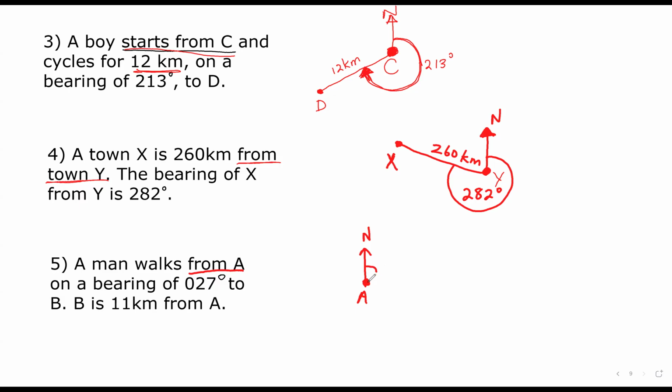So this will be where B is. That angle inside there is your bearing of 27 degrees. Your distance from A is 11 km. So that should be your diagram. Should probably draw it a little bigger, but you got the gist of it. Copy these down if you don't have them, please, or take a picture. I am going to send it afterwards.